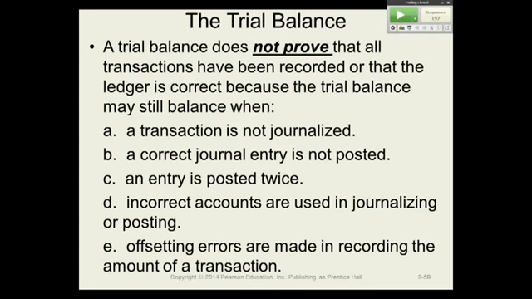Okay. Now, the other problem is that incorrect accounts are used in journalizing and posting. So what I could have done, for example, what if I did this? When I sold the stock in transaction 1, but instead of crediting common stock, I credit retained earnings.